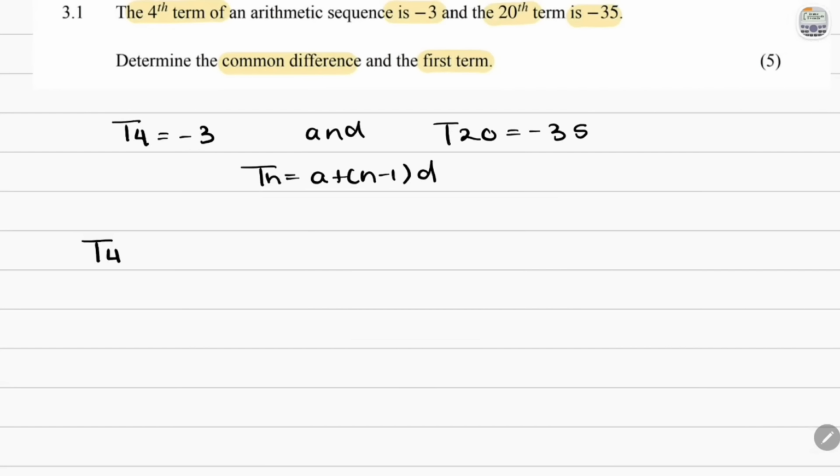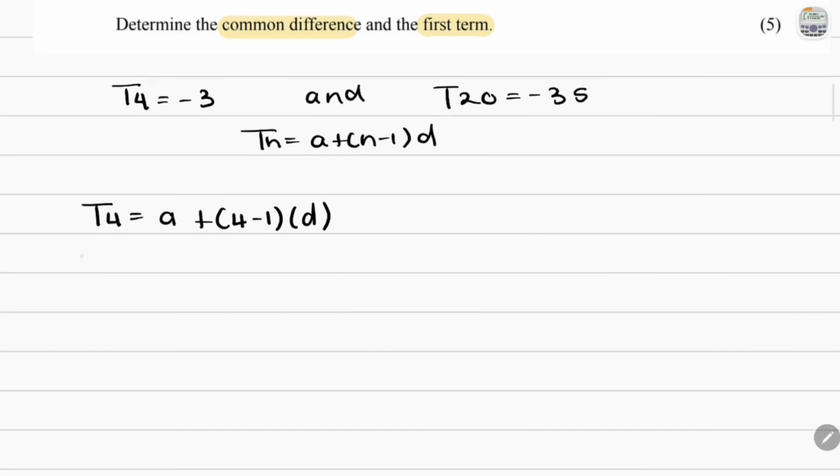So here, let's input this information. We have term 4 equals, we don't know what the first term is, so we leave it as a, plus n is 4, because we're saying term 4 in place of n. So 4 minus 1 multiplied by d, and we also don't know what d is. We're trying to find that. So term 4 is equal to -3, which is a plus 3 times d, which is 3d.